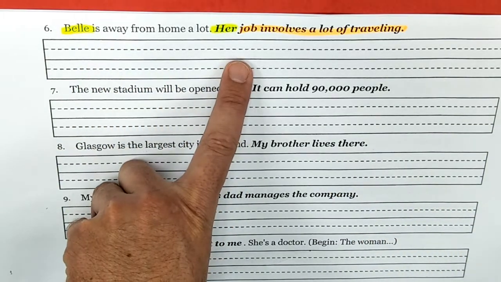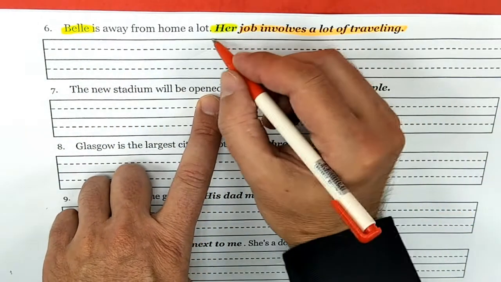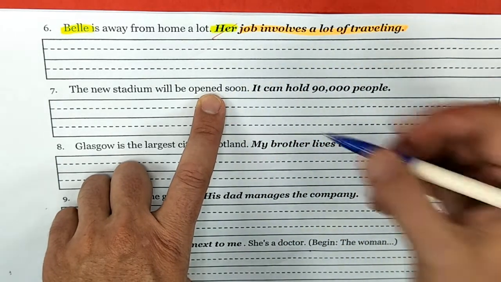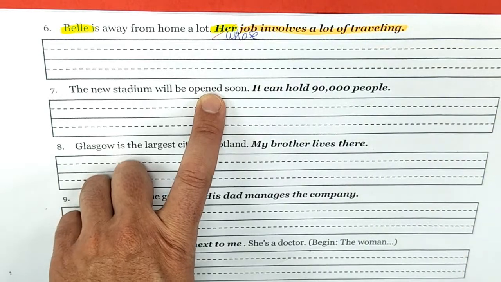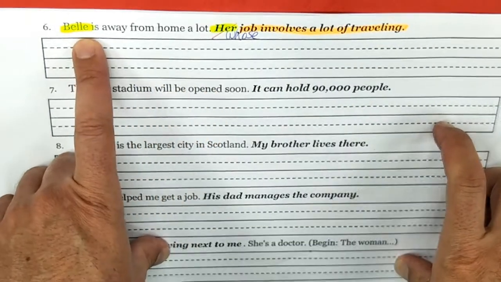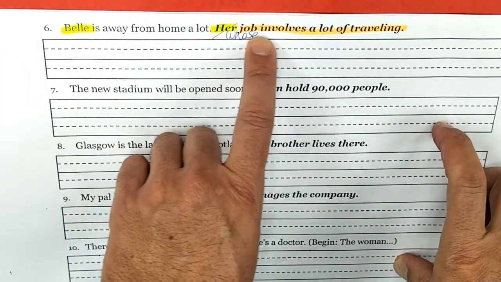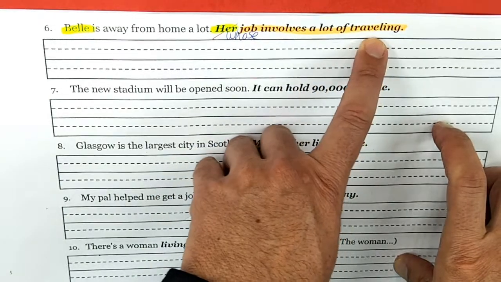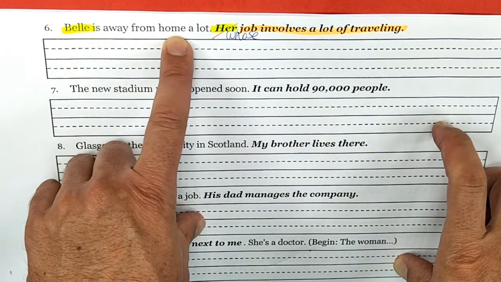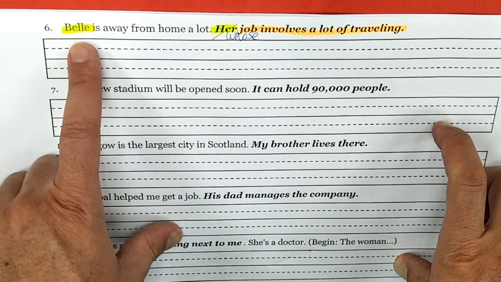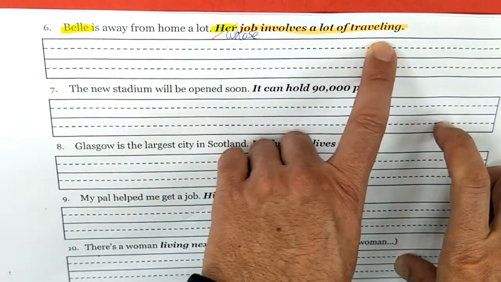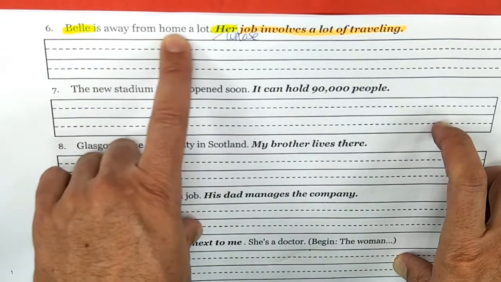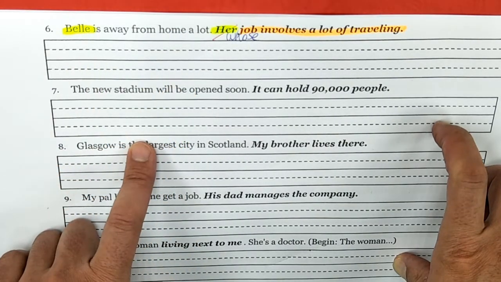So this her is going to go out, and I'm going to write whose. So the new sentence is Belle, whose job involves a lot of traveling, is away from home a lot.